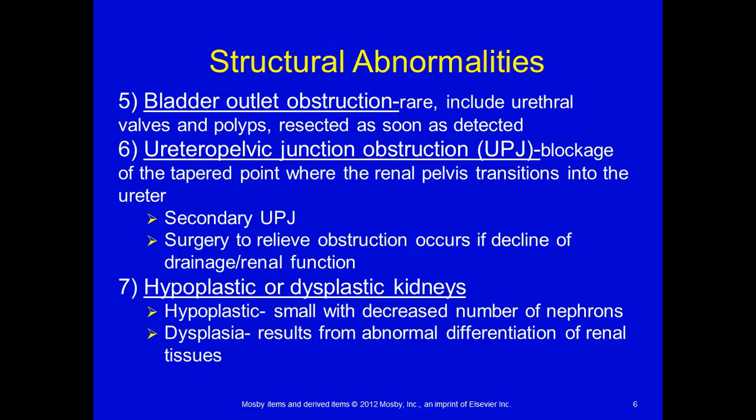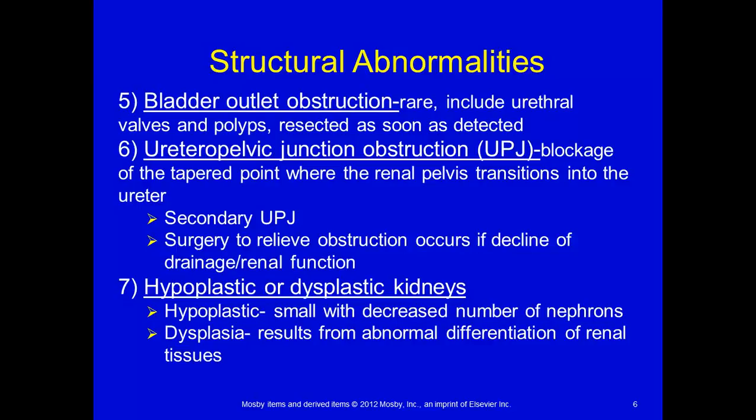And valves are not normal in the urethra. We don't normally have any sort of valves the way we have valves like in our veins. That's not normally there. Same with polyps. Polyps are like little outpouchings of the internal lumen of the urethra. That's not normal. And they want to be resected as soon as possible, as soon as detected.